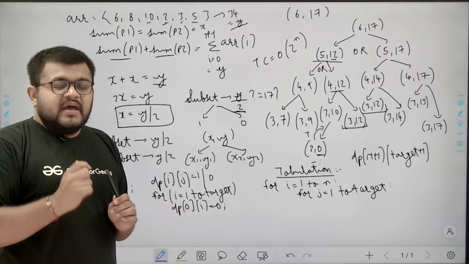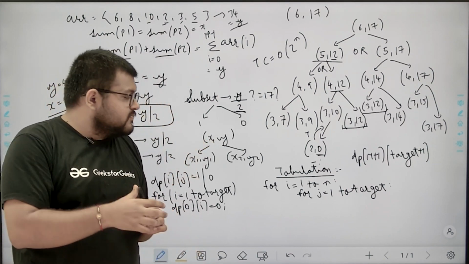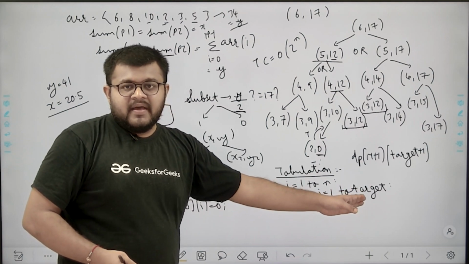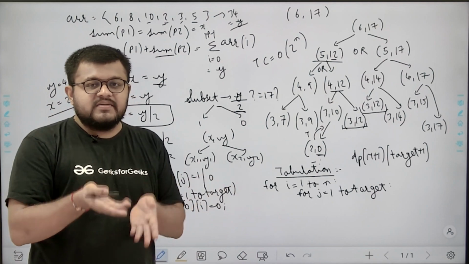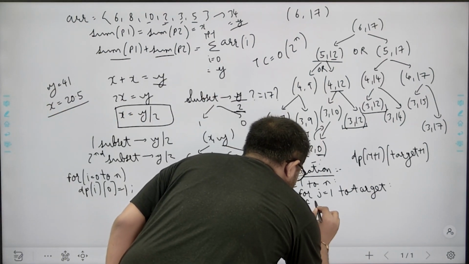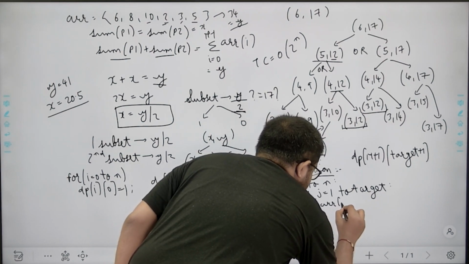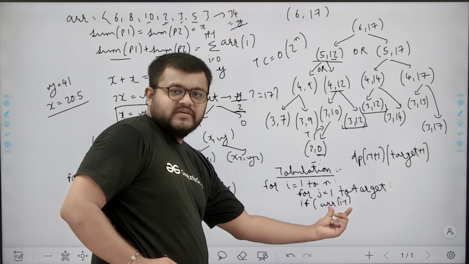There are two cases. Now in order to consider the ith element, the value of the ith element must be less than equal to target. Suppose the ith element value is 10 and my target is 8, then it is impossible to consider the ith element. So if the value of the ith element, that is i minus 1, because here I am going from 1 to n, but the array would be 0 indexed.